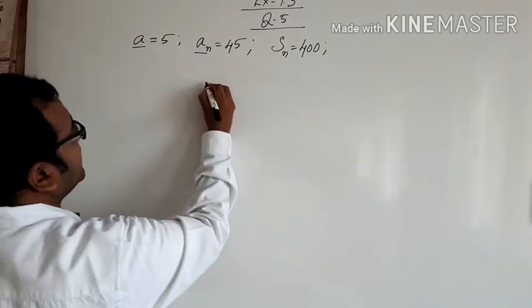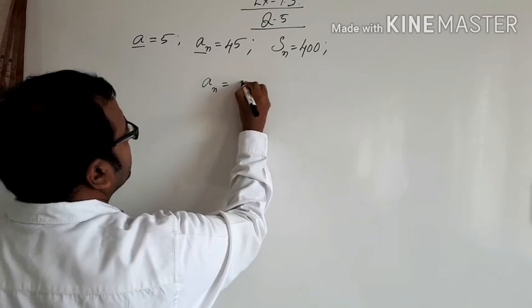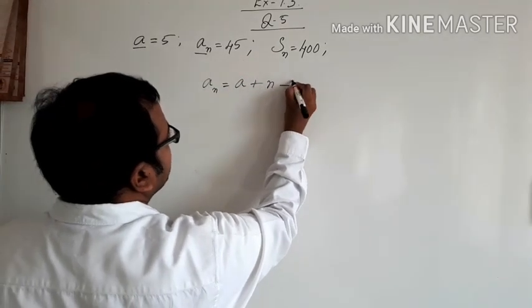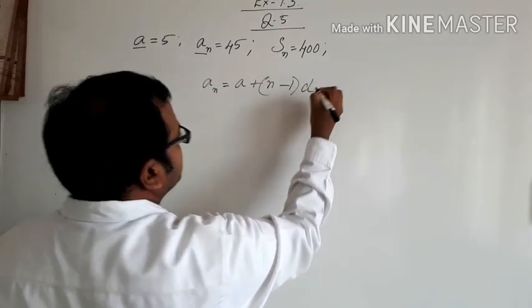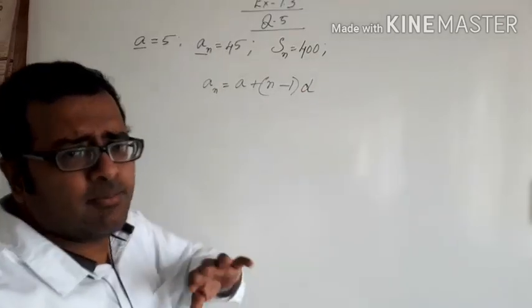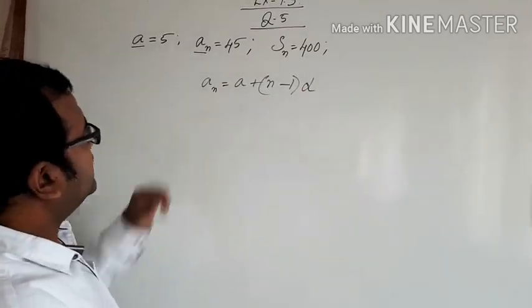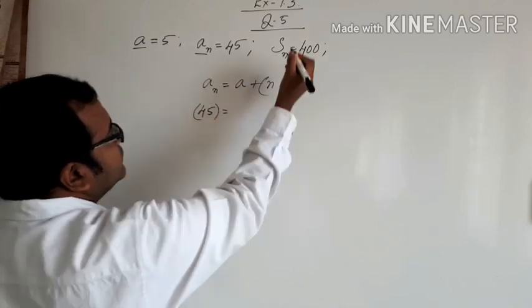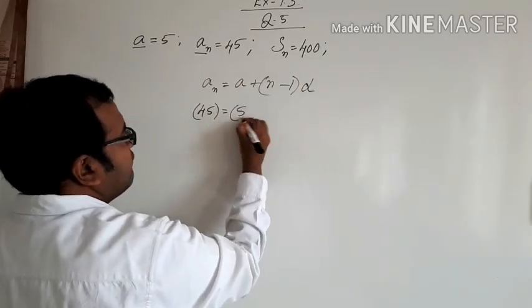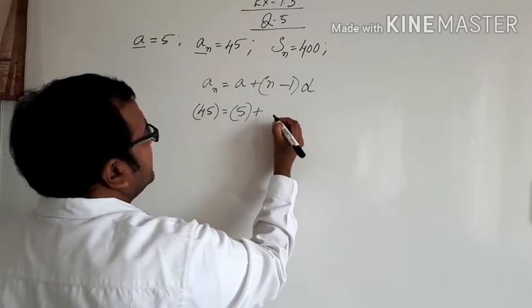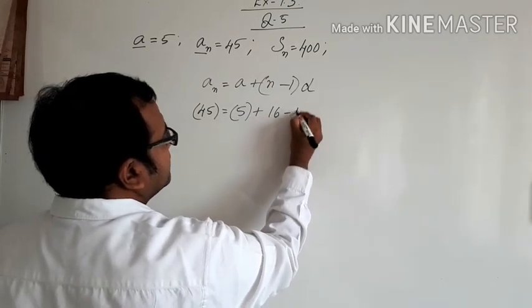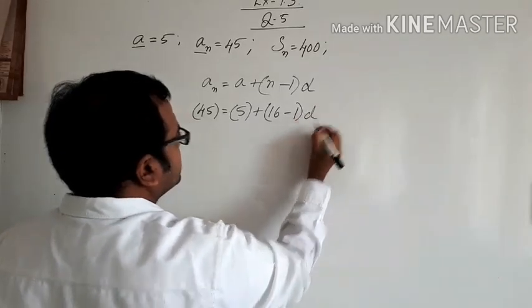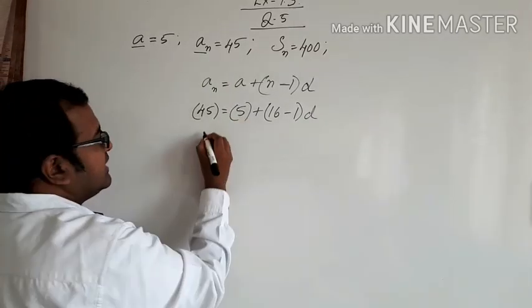Now let us take the An formula. The An formula is A plus (n minus 1) into D. It's easier compared to Sn. Now, An is 45, which is equal to A, the first term 5, plus n, which we just got as 16, minus 1, into D. Plus 5 comes to the other side and becomes minus.